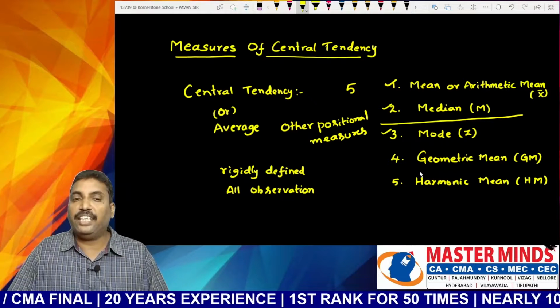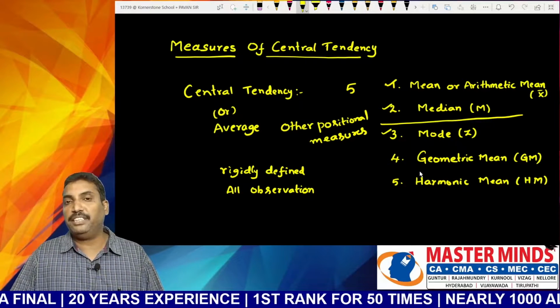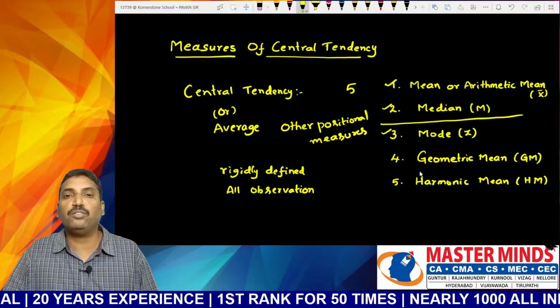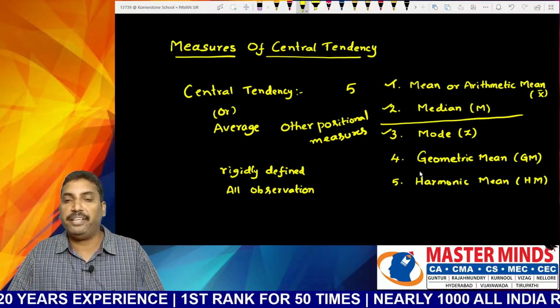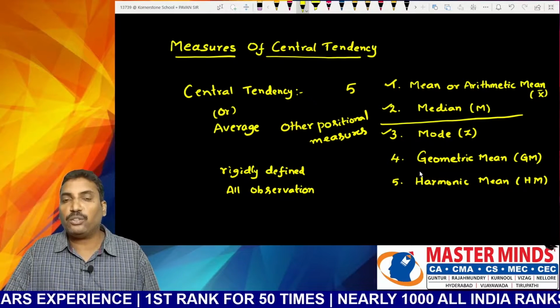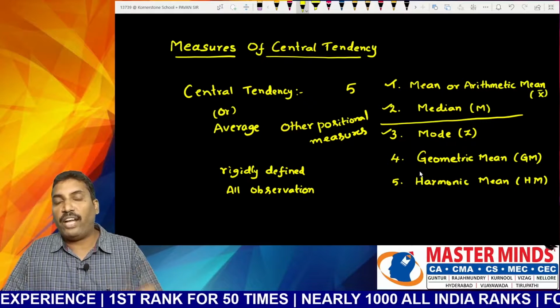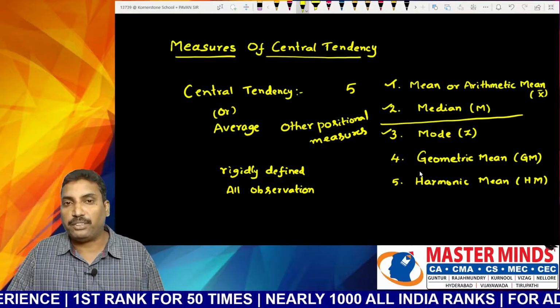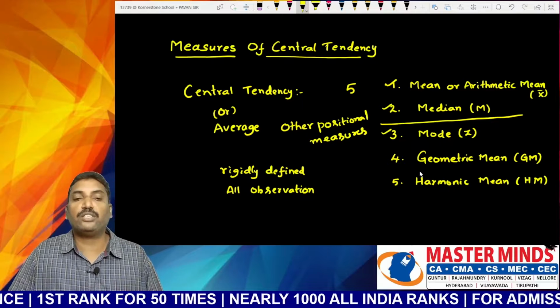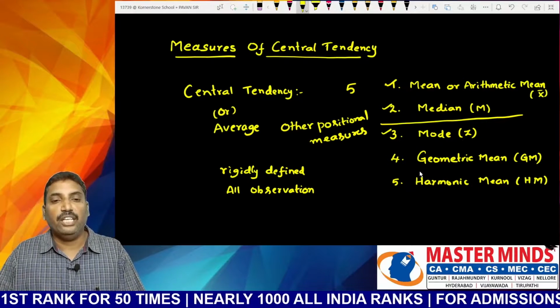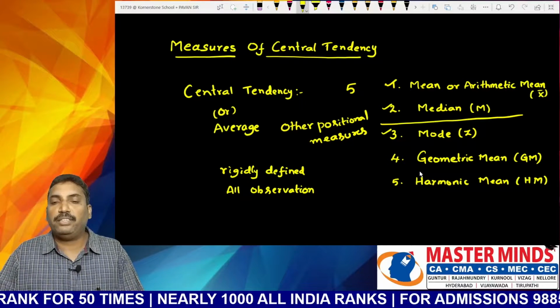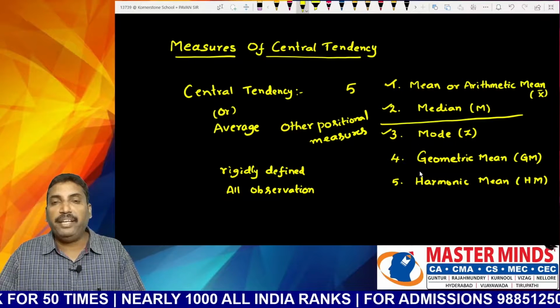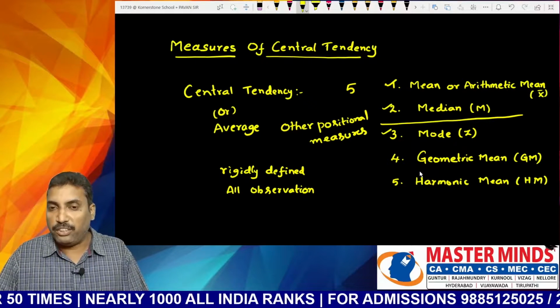So the second condition, that the measure of central tendency should be based on all the observations, is not satisfied by median. Of course, in mode also we concentrate on the value which is repeated the most number of times. That means mode also does not satisfy that condition. So among all the measures of central tendency, mean is the only one based on all the observations.